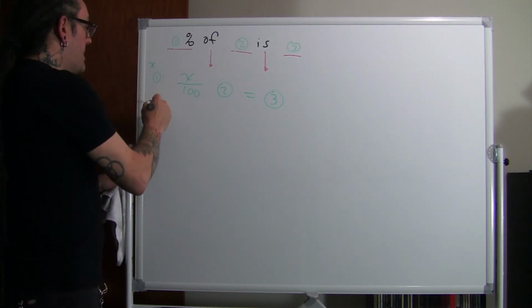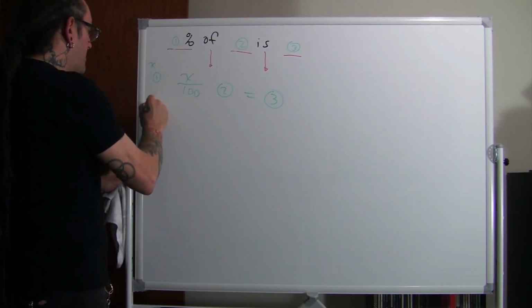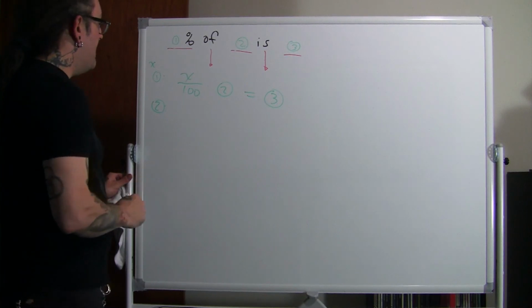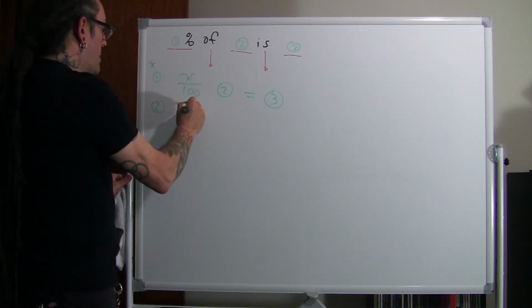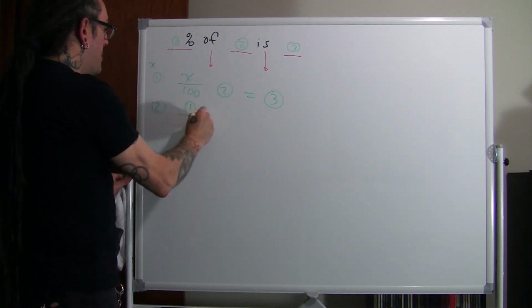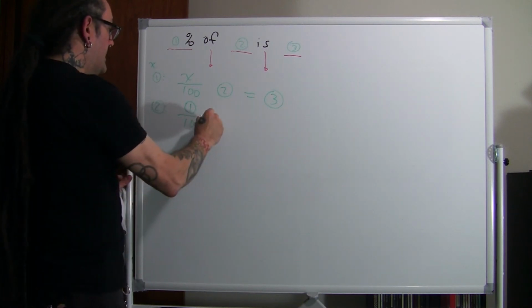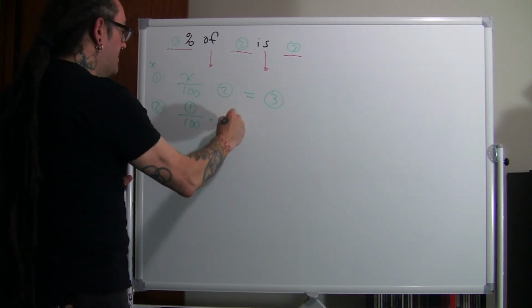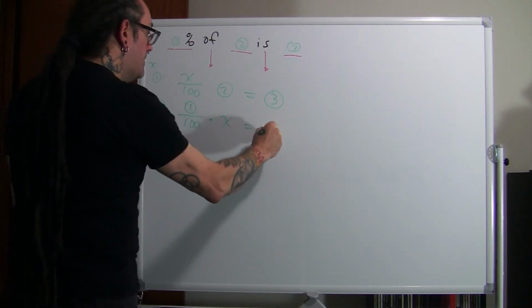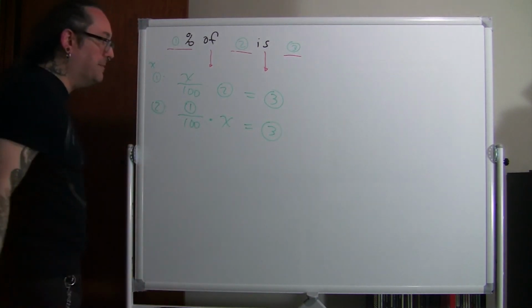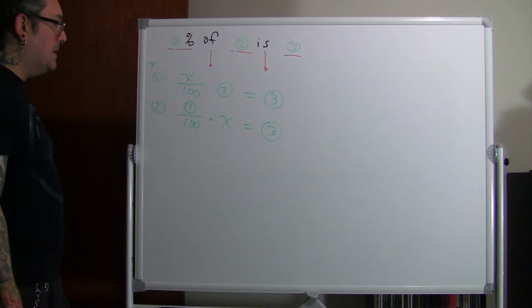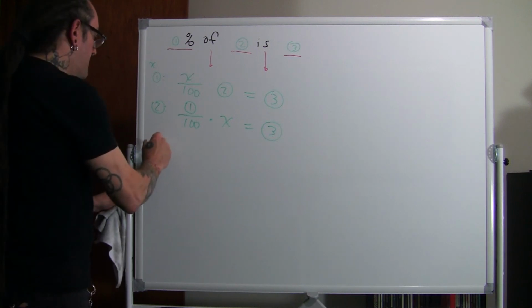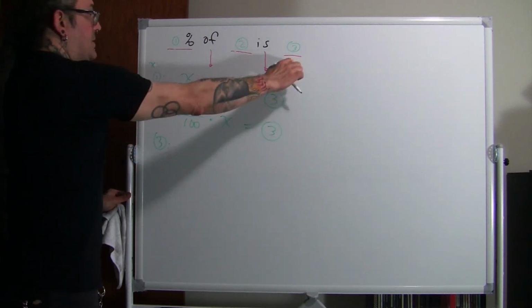Okay, so when the x is in position number 2, I'll have whatever is in 1% times the x is in position 2 equals 3, whatever's in position 3. Simple. And then the third way is that the x is over here.